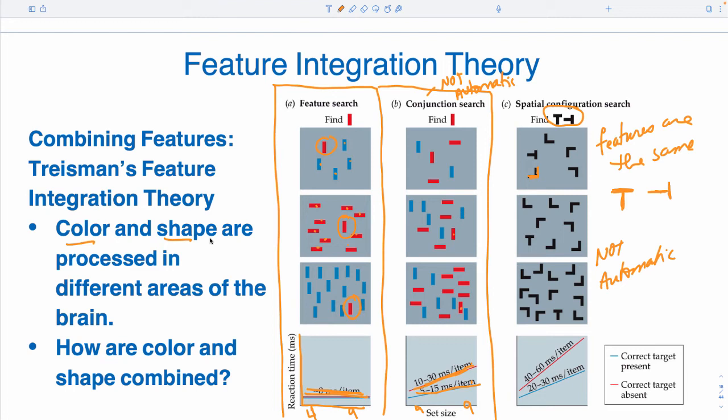But it also brings up an interesting question, which is how are color and shape combined? And remember, we saw this in vision as the binding problem.